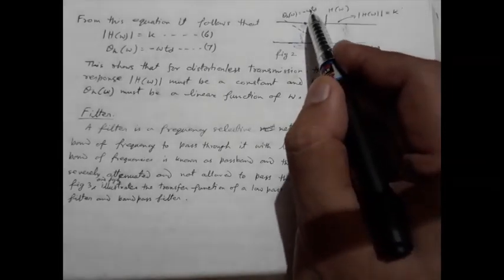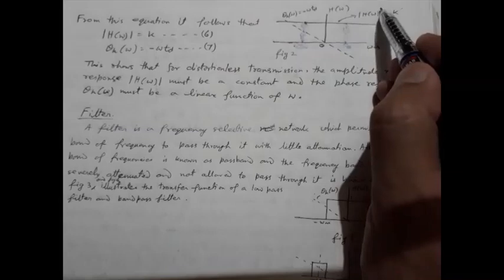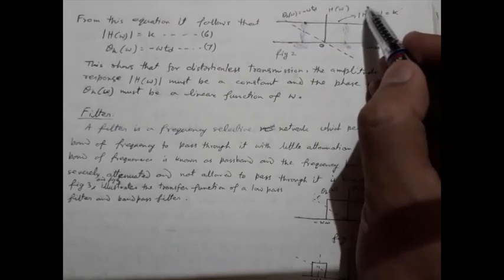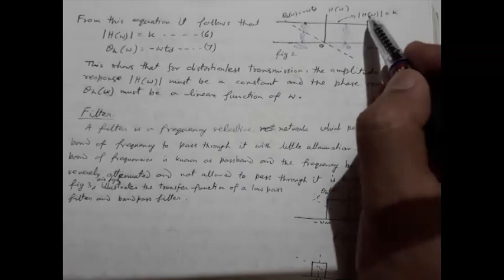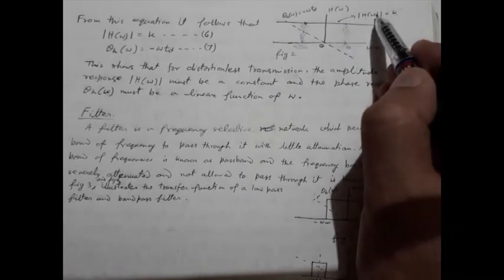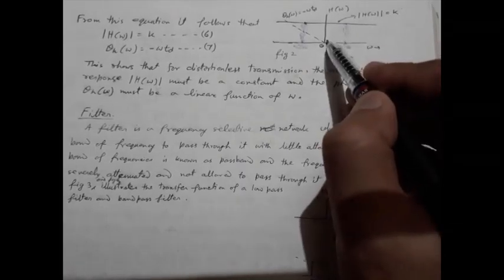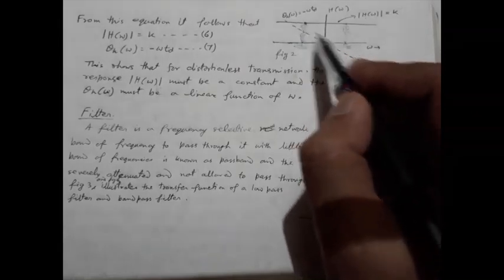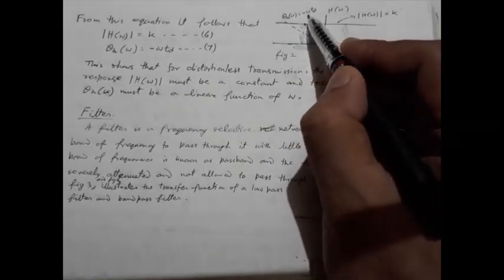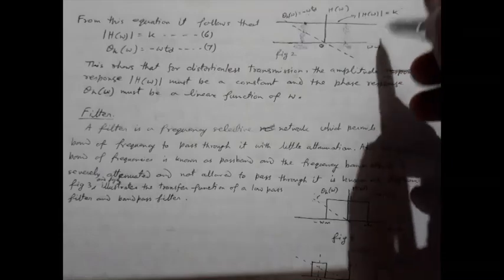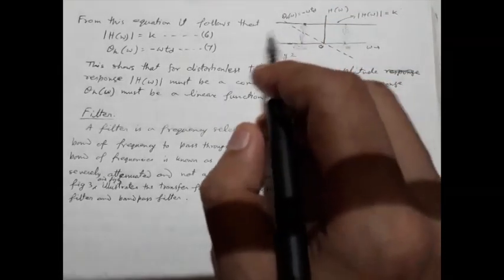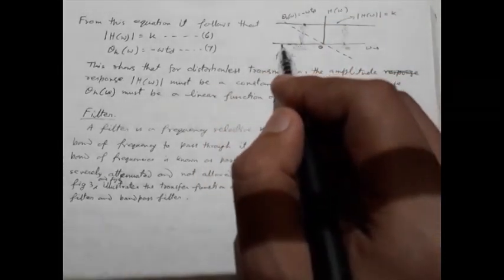So for a distortionless system, the magnitude response must be independent of frequency, that is, constant, and the phase response must be proportional to frequency. So this is the primary condition of having a distortionless system.